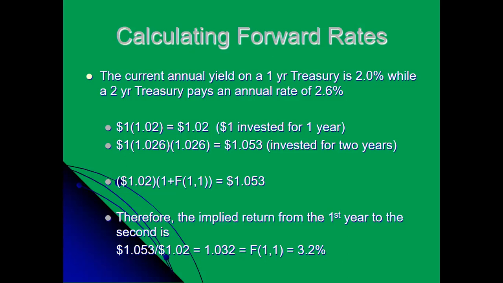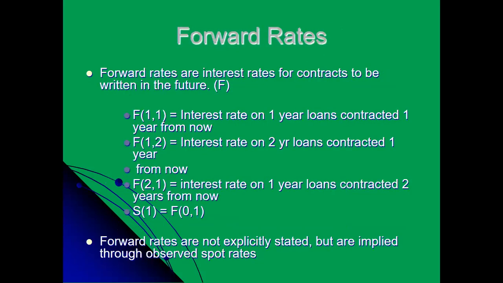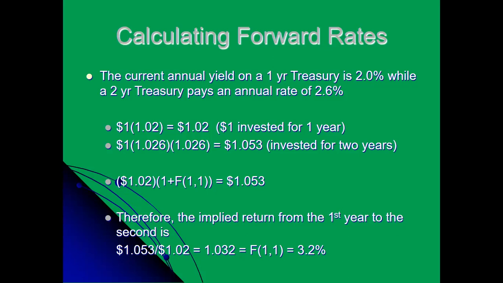And 1.02 multiplied by 1 plus F, meaning the forward, for 1 that is basically the contract, so 1 year from today, and then 1 for the term in the loan, or here treasury, so 1 year.